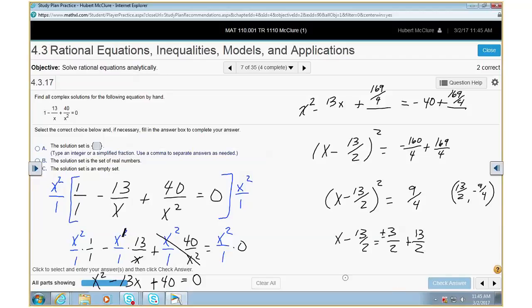X is equal to 3 plus 13 is 16 halves, that's an 8. And negative 3 plus 13 is 10 over 2, which is what? We got two possible solutions. Plug in 8, plug in 5, zeros, good. There's your answers, 8 and 5.